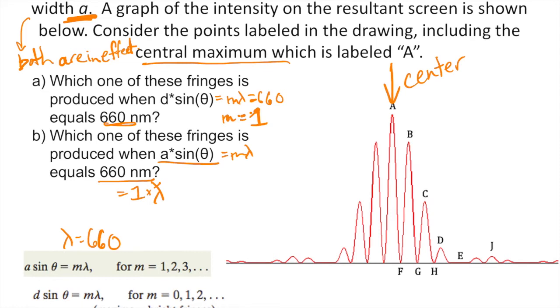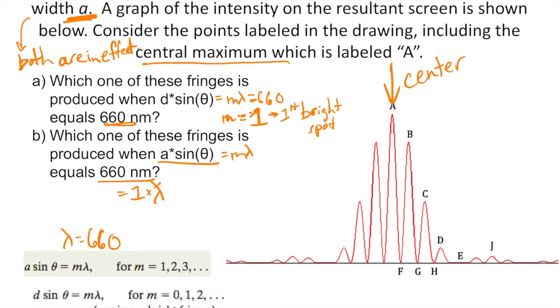And so this is basically, can you differentiate between these two ideas? So d sine theta, where m equals 1, that means it's the first bright spot. For double slits, if m equals 1, then that means it's the first bright spot.